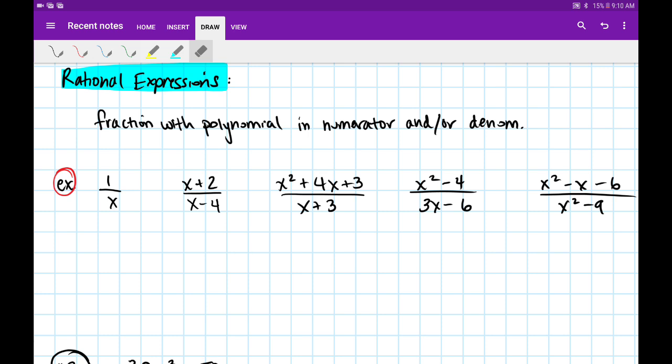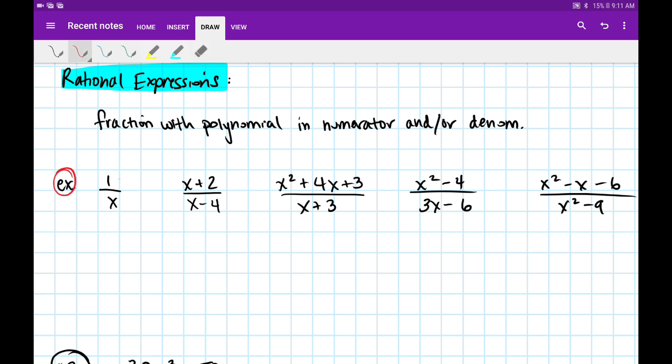Unlike a normal polynomial, like let's say y equals x plus 2, in which case I can plug in any value of x. I can plug in 0, because 0 plus 2 is 2, and I will get a valid y value. I could plug in negative 5. Negative 5 plus 2 is negative 3, and that's a normal number. I could plug in a decimal or a fraction, and I'll get a real number.